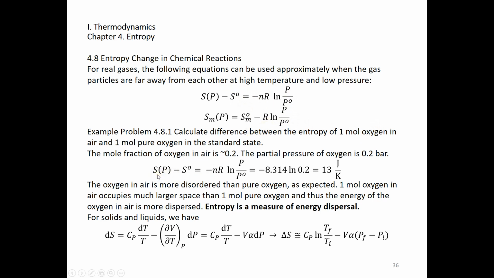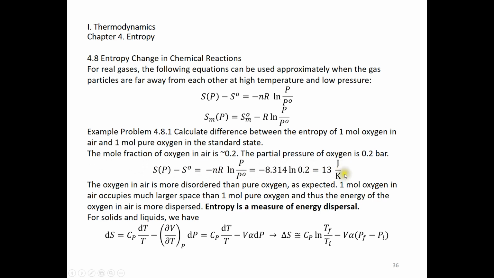So the entropy of the oxygen at pressure P minus the standard entropy is negative nR ln P over P naught. And if we have oxygen in air, the partial pressure for oxygen is 0.2 bars. P naught is 1 bar. So we plug in all the numbers and do the calculation, we get 13 joule per Kelvin.